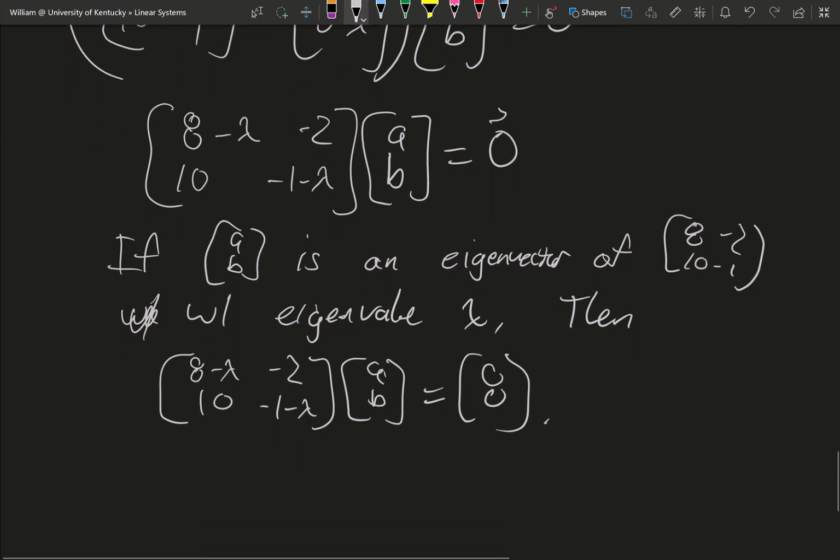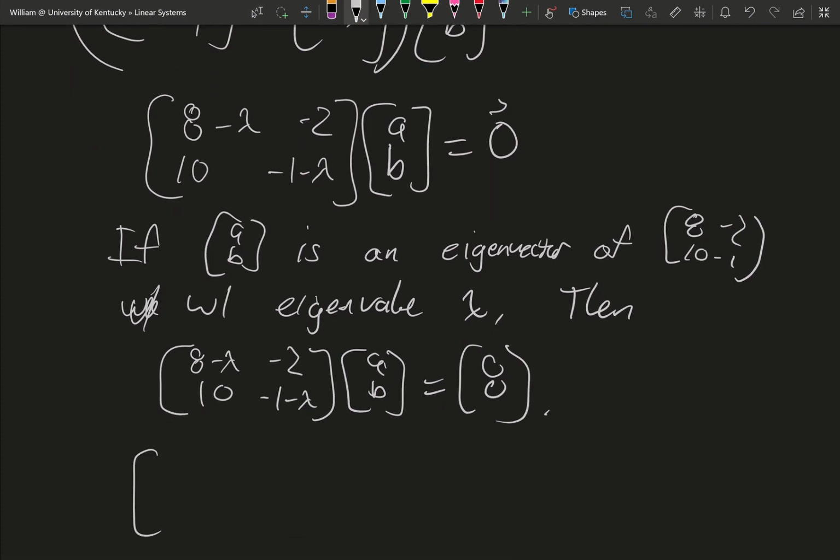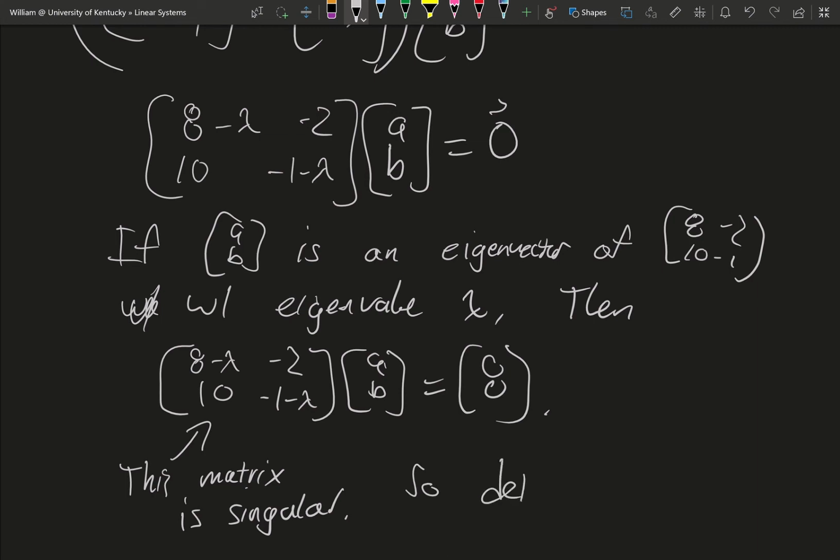So what this says is this matrix is singular, so the determinant is equal to 0.